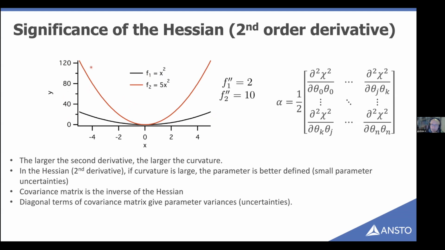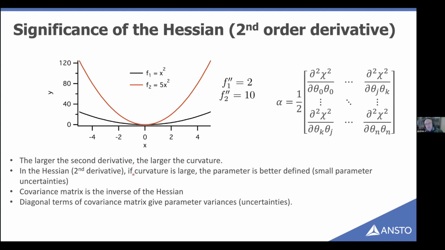Intuitively, if you were thinking of this as a graph of chi-squared versus a parameter, and the graph is tighter, sharper, you'd expect to have greater certainty about F2 compared to F1 because the graph is tighter.